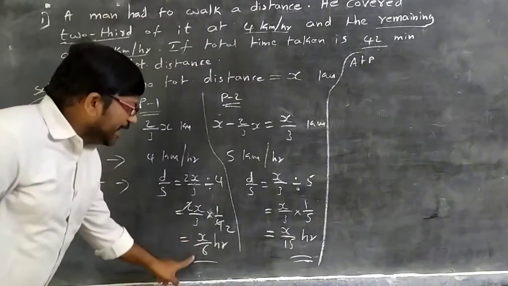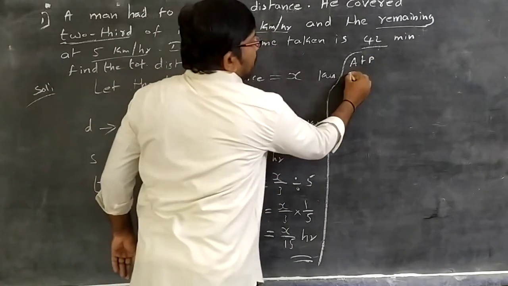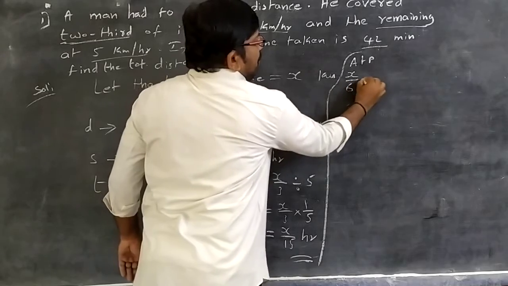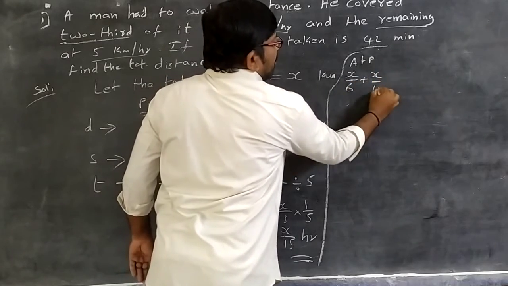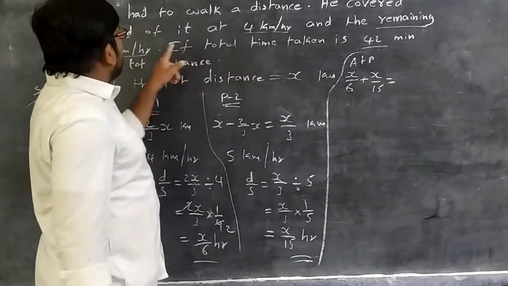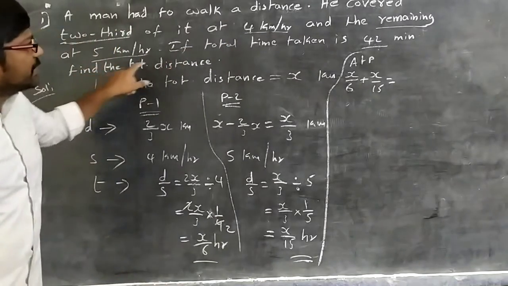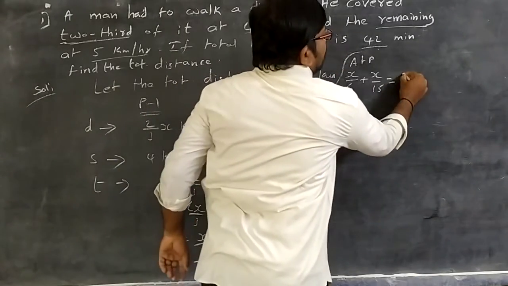Total time x by 6 plus x by 15 is equal to 42 minutes.